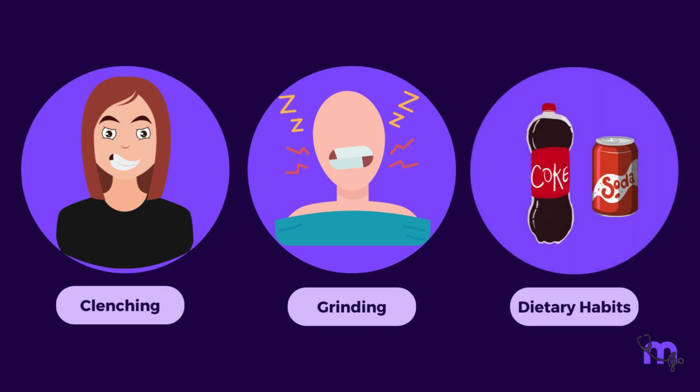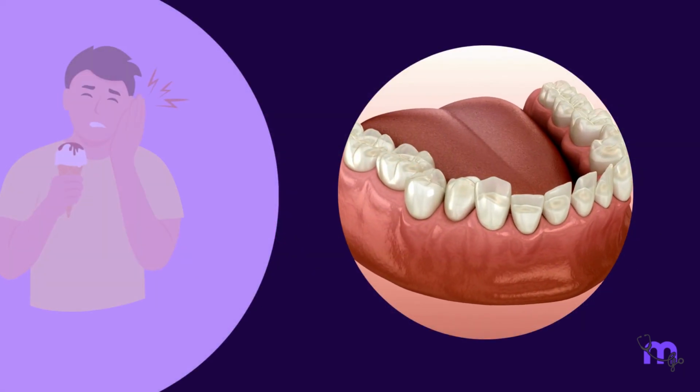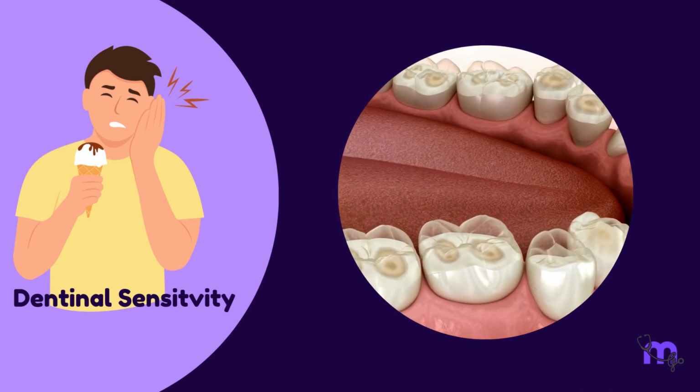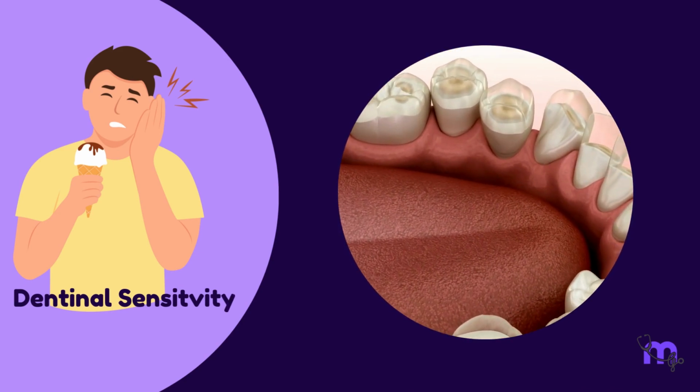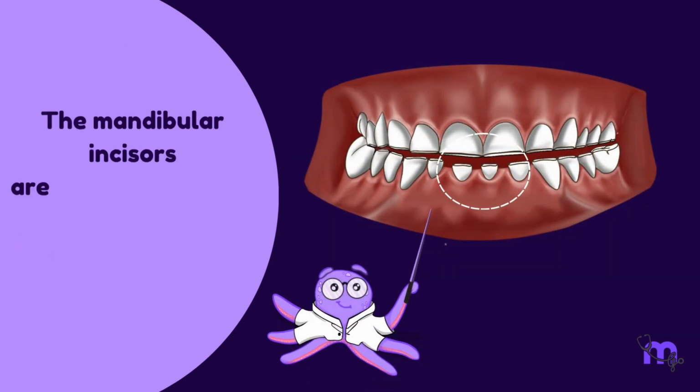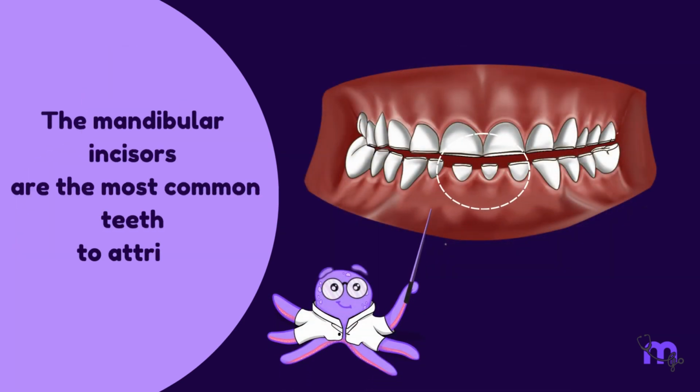This process expedites wear on teeth. Consequently, dentinal sensitivity arises as the protective enamel wears down, exposing the underlying dentin. The mandibular incisors are the most common teeth to attrit.